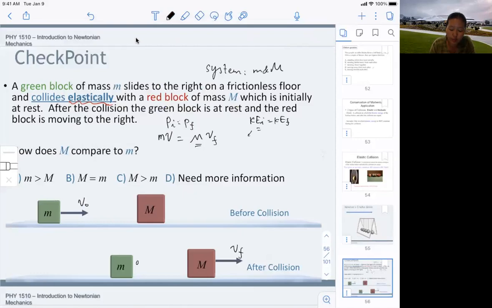The kinetic energy before is just the green block, 1/2 m v naught squared. The kinetic energy after is just the red block, 1/2 capital M v final squared. If you compare these 2 equations, you realize the velocity must be equal and the mass must be equal. That's the only way for these equations to work.